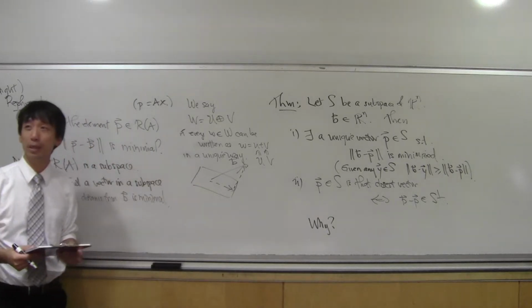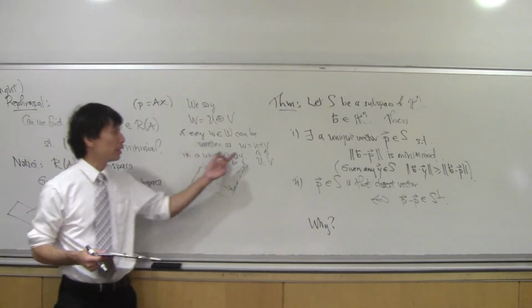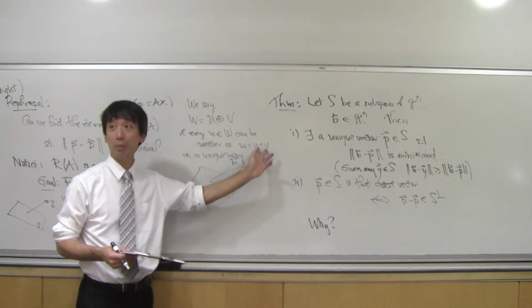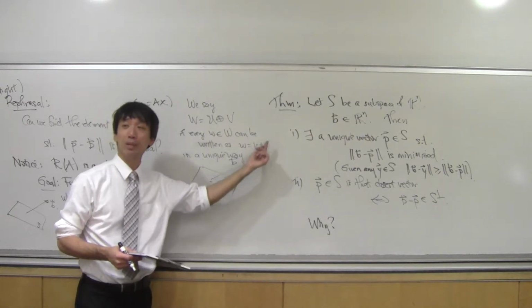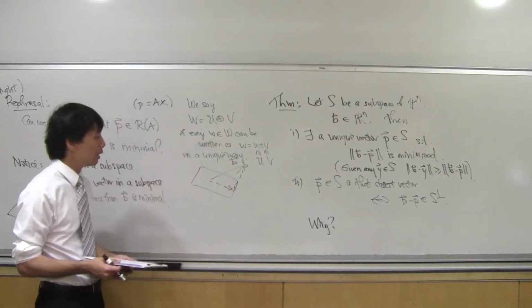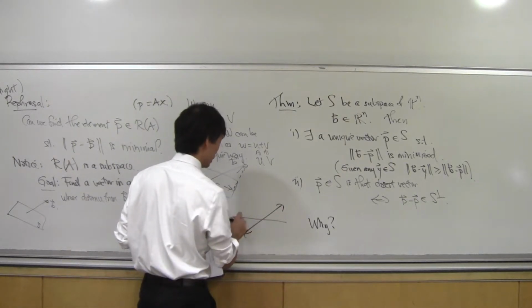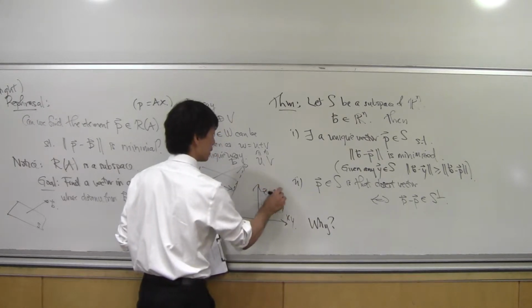What is a unique way? In other words, there's no two ways to do it, right? If somebody gives you another expression, U prime plus V prime, well, those must be the same. The U's must be the same and the V's must be the same. The standard example to keep in mind is the XY plane and the Z axis.